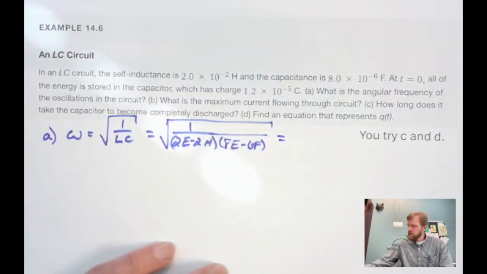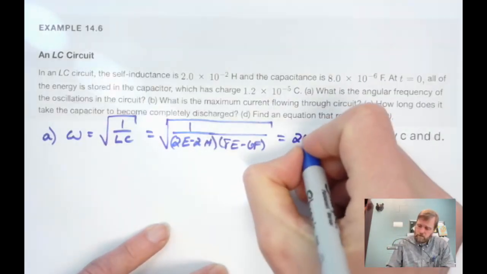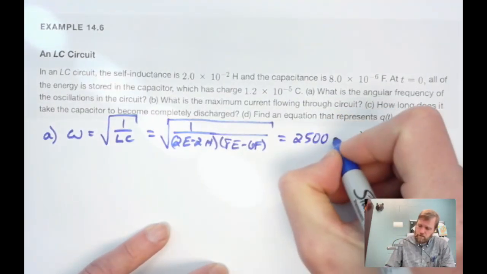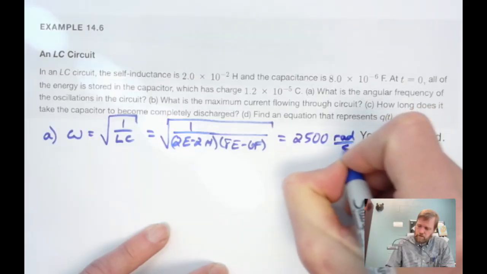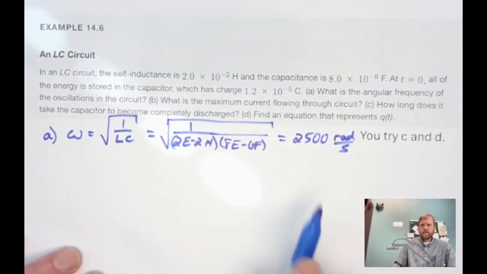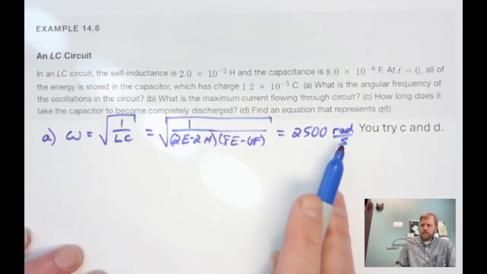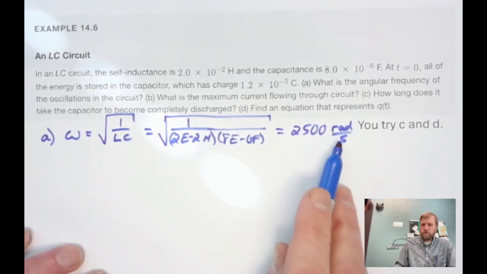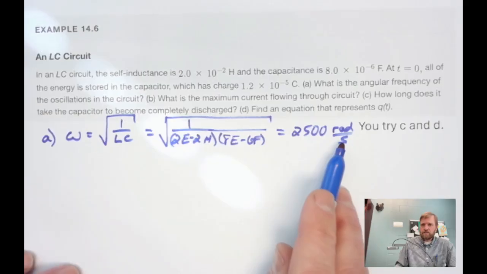And I did this, I got 2,500. You can write per second, but I'm going to put radians per second just to remind you this is an angular frequency.